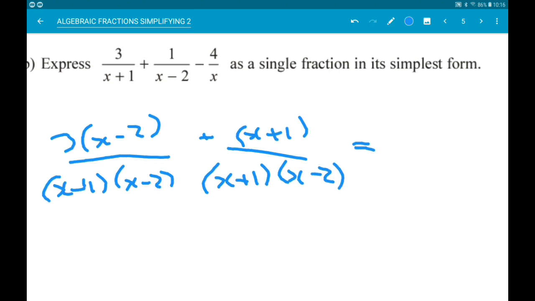So up on top we're going to have 3x minus 6 add x add 1. So that's going to give us 4x minus 5 over (x add 1)(x minus 2).